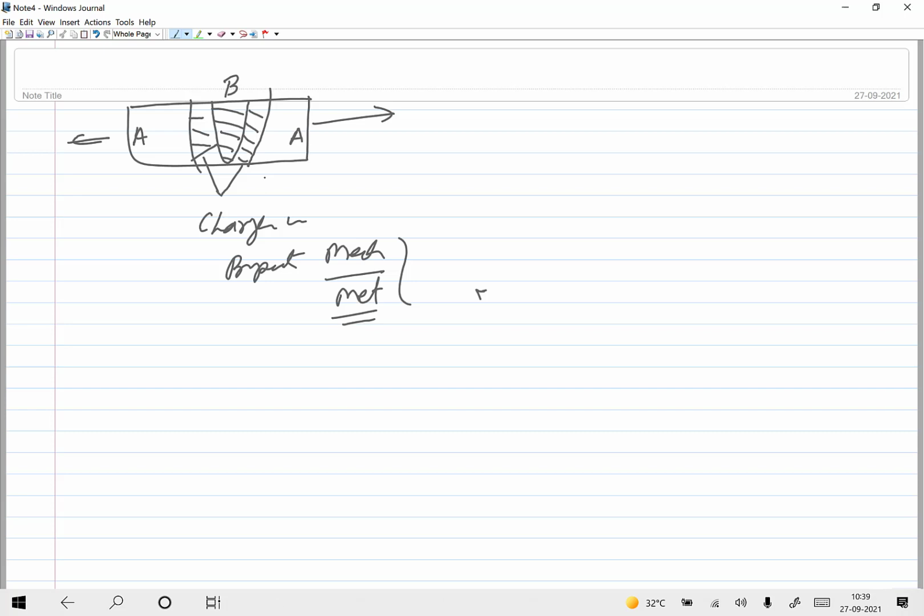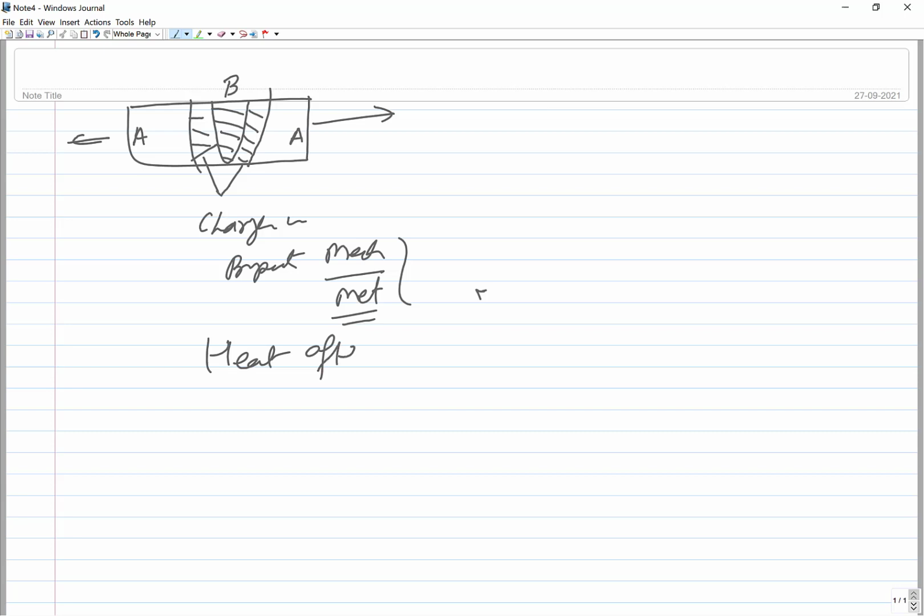So this zone which has experienced the heat of the fusion, we call the heat affected zone. The zone of the base metal near the weld metal or weld joint, being affected by the heat, is termed the heat affected zone.